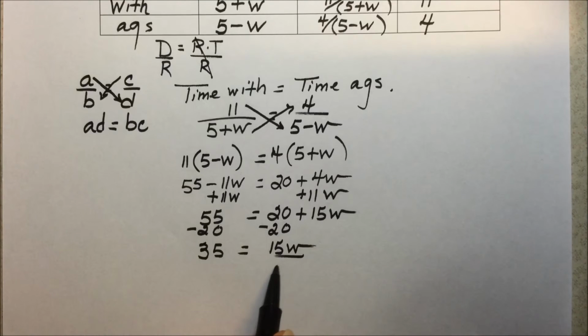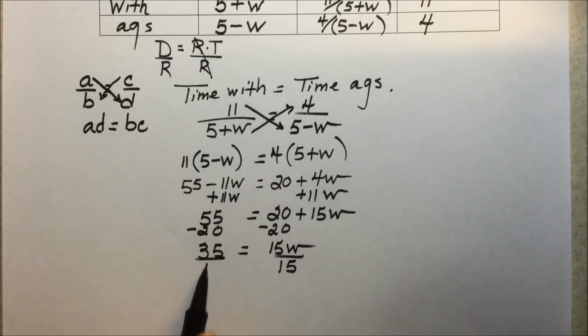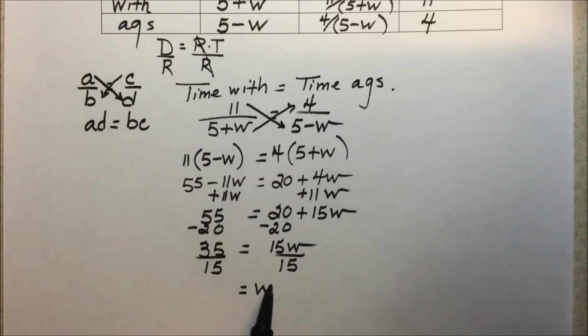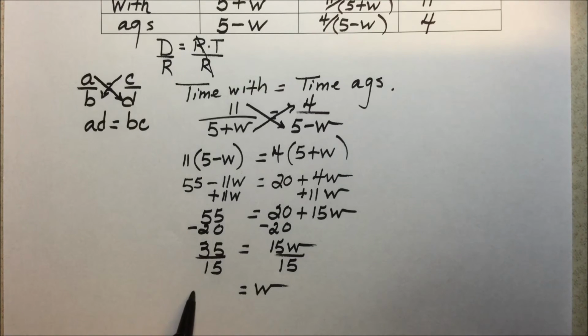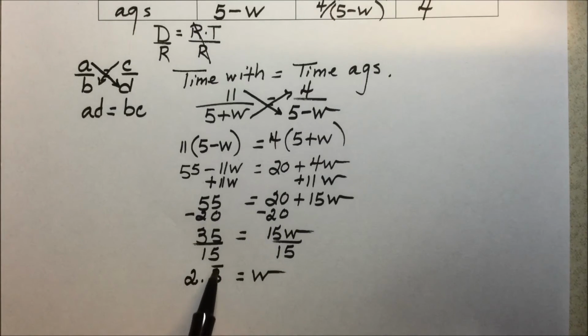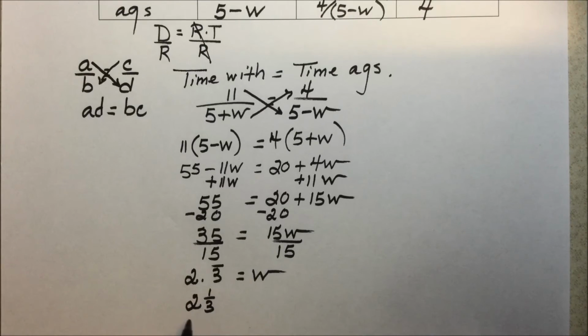The only thing left then is to undo multiplication with division. 35 divided by 15 is, if you use a calculator, 2.3 repeating. Fraction-wise, the repeating 0.333 is 1/3. So 2 1/3, this is our wind speed.